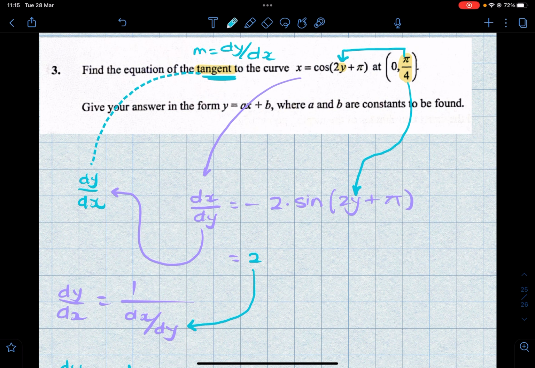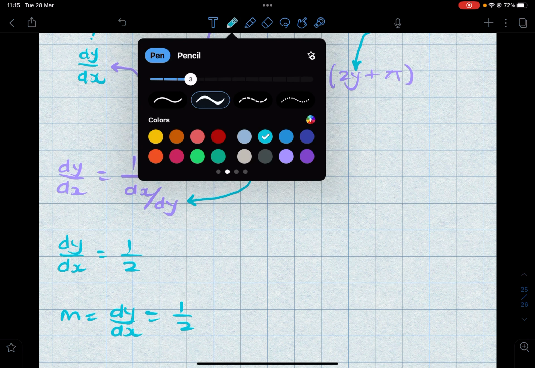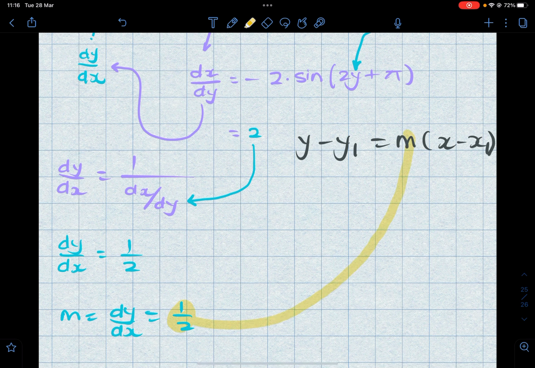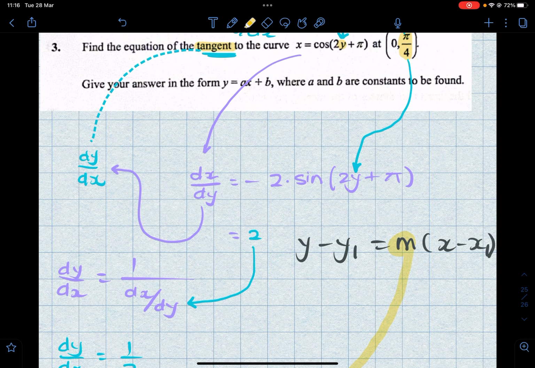All right, so your tangent will have a gradient, and the gradient will be dy by dx, which is half. And the equation for your straight line will be y minus y1 equals m(x minus x1). So this is the value for m, and x1 will be 0, and y1 will be the value given in the question, pi over 4.